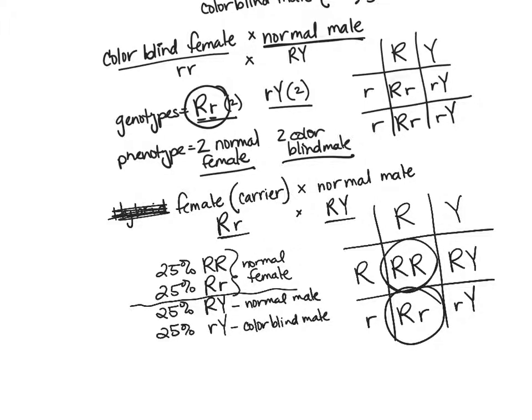So this is how sometimes females will know that they are carriers. If they have a son that is colorblind, they may have had no idea that they were even carrying this trait, but then that means that they themselves have passed on that colorblind allele. And then they know that they have one functioning allele because they don't have color blindness, and then they have one allele that is coding for color blindness.